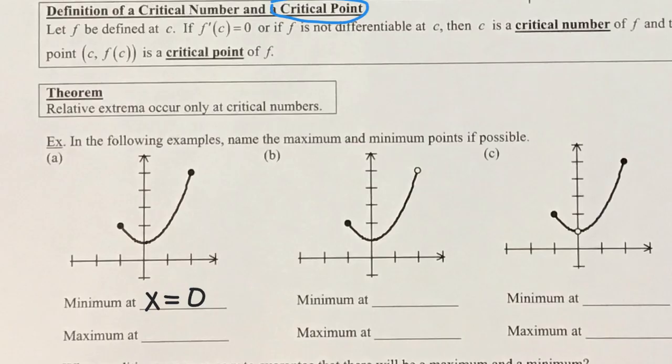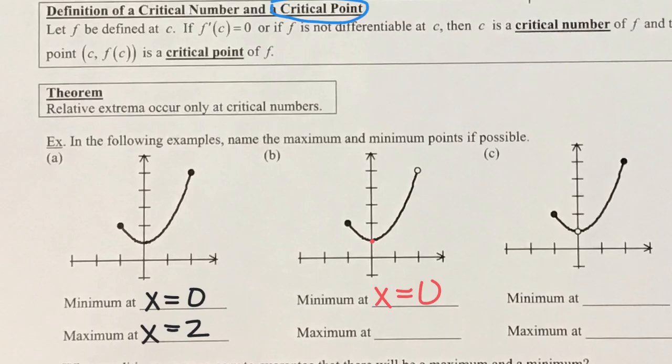And we have a maximum at x equals 2, where the y value is the greatest. Okay, letter B. Why does our function have a minimum? At what x value? At x equals 0 again, right? That's our lowest point.